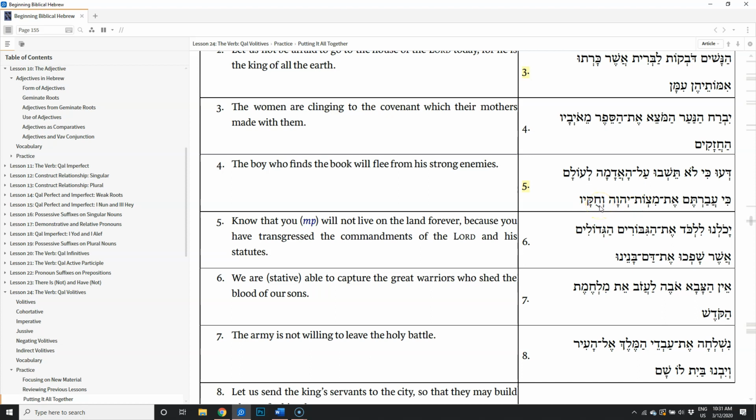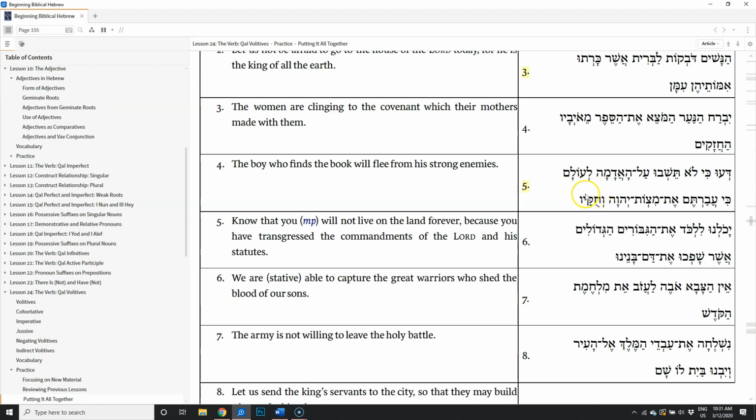I can't remember if the singular form of this is chuk or chok. I think it's chok, I should say. I think the plural is chukim, but I can't remember for sure what the masculine singular form is.